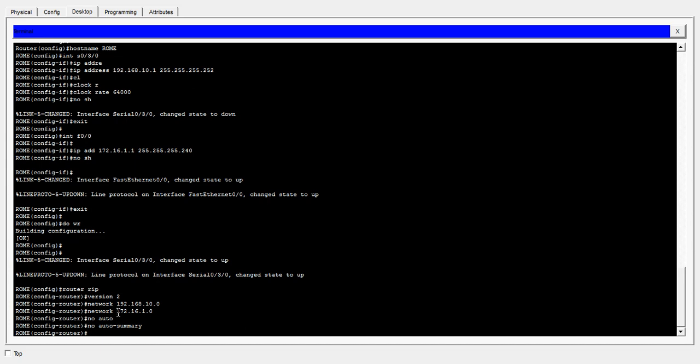For example, you can see this network 172.16.1.0. It's actually a class B network subnetted into class C, so to say. But if this router wants to recognize this network, it will see it across the classful boundary of 172.16.0.0.